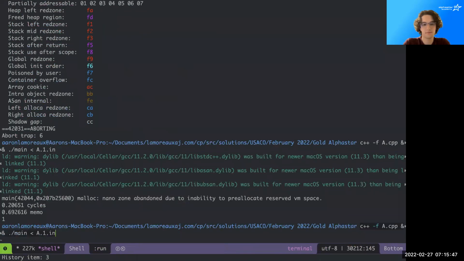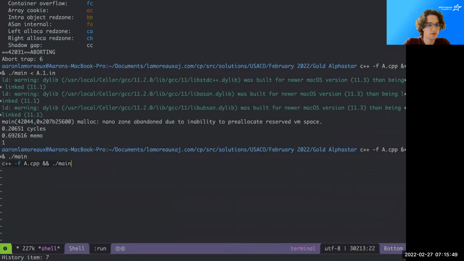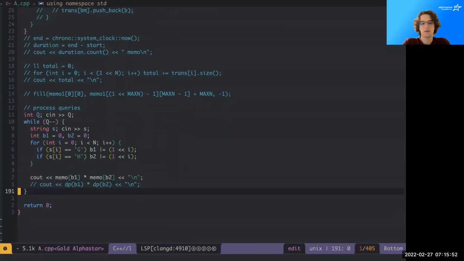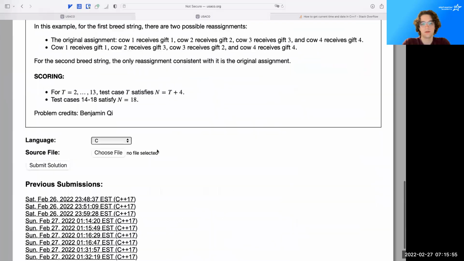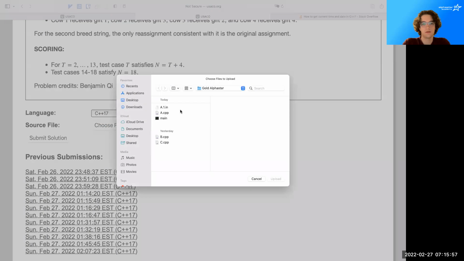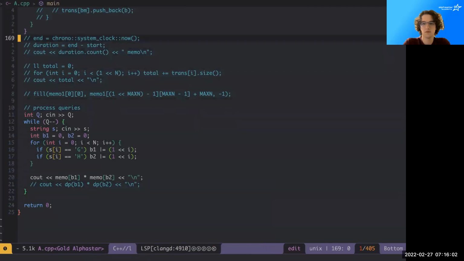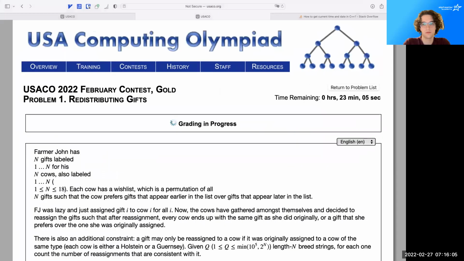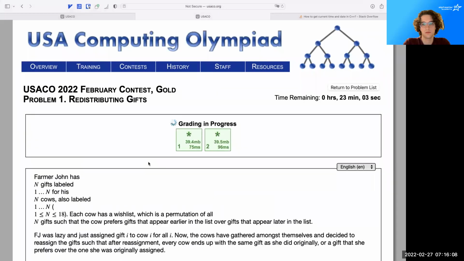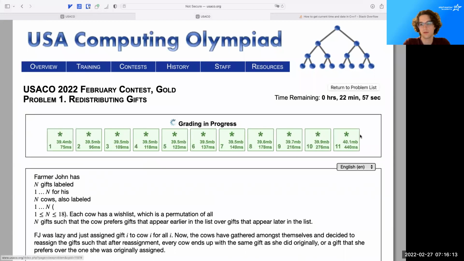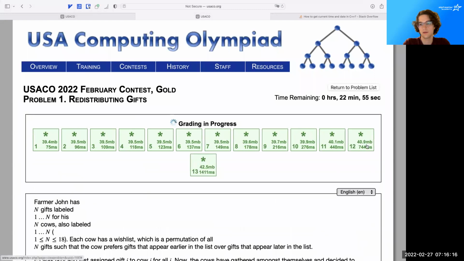Okay. Let's run it on the sample again. What are the run times again? That went down a bit, I think. It's not close to 1200 before.